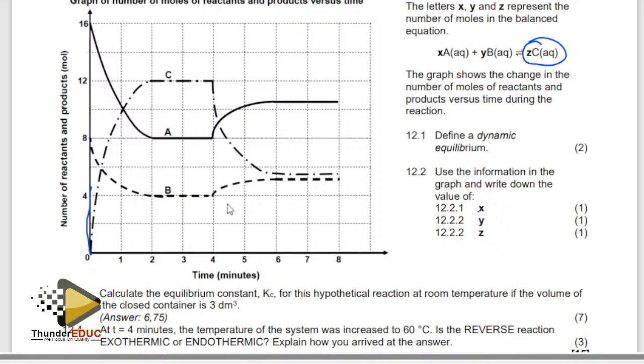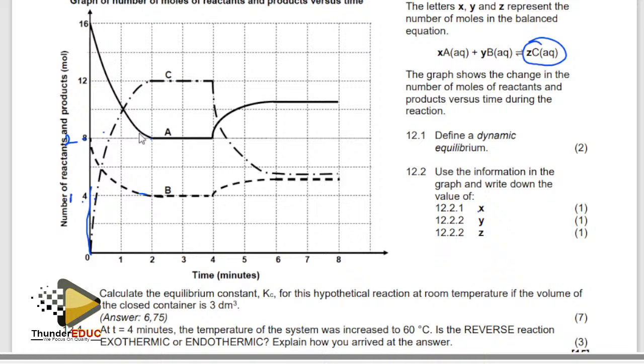This is C, yeah, okay, they showed you. Okay, the number of moles. At equilibrium, this one is 4. This one is 8. You understand? So it means that x is on A. So if this is 8 and this is 4, definitely this is 2, this is 1, because if this is 4 and this is 8, it means that this one goes into it 2 times, isn't it?